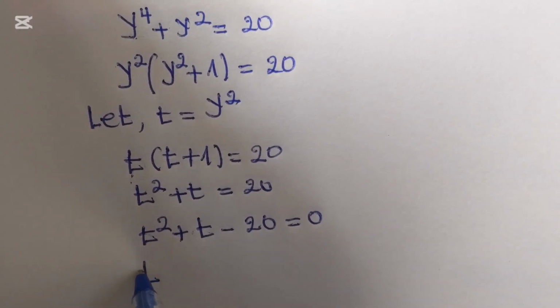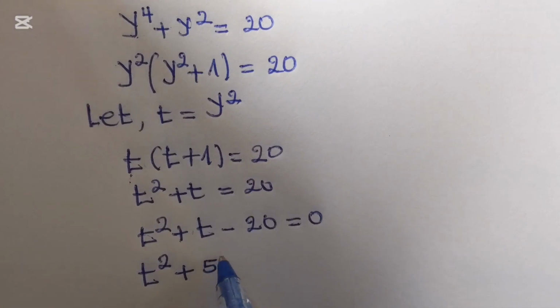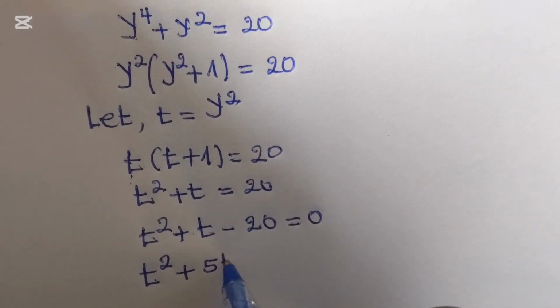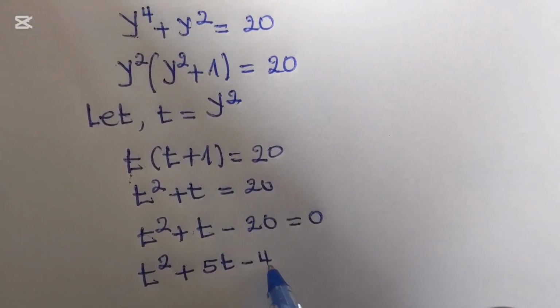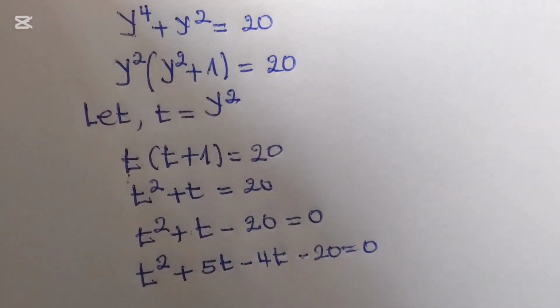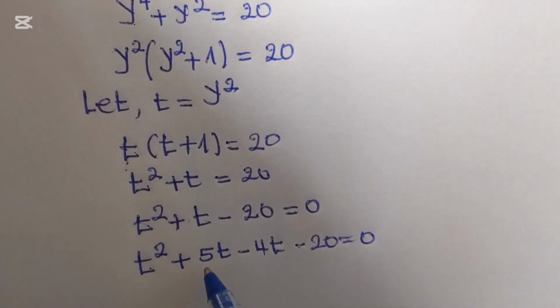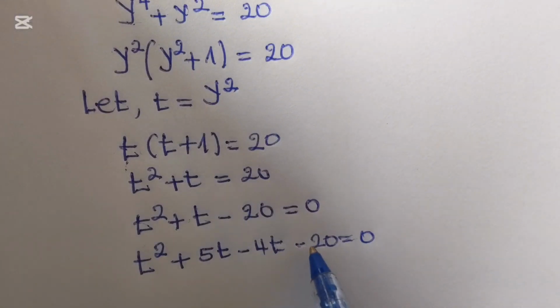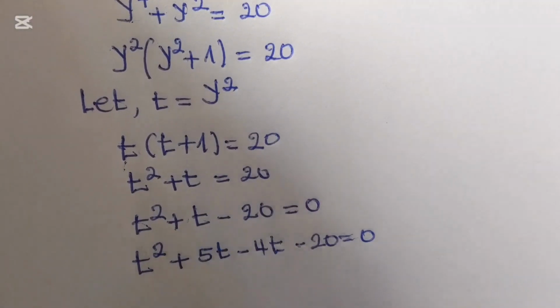We can write t squared plus 5t, okay, then minus 4t minus 20 to be equal to 0.